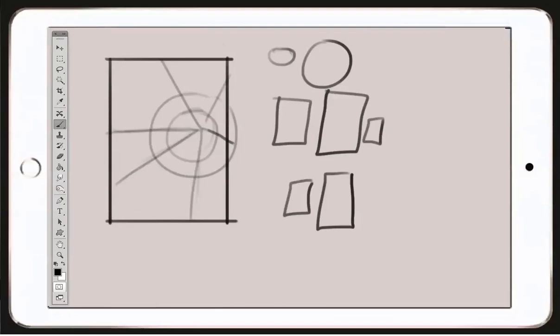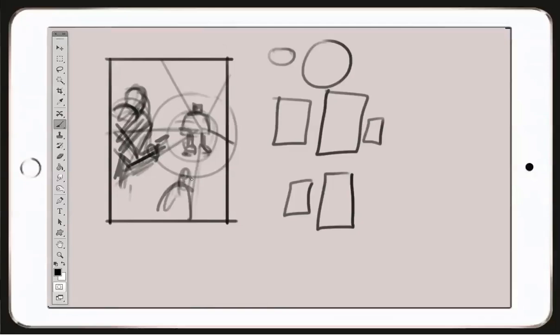Then I can use this structure and build some kind of picture on it. So maybe there's some kind of robot, let's say, back here. And then in the foreground, maybe there's a figure here. Figure's holding some kind of weapon, maybe pointing toward that robot. Another figure over here.